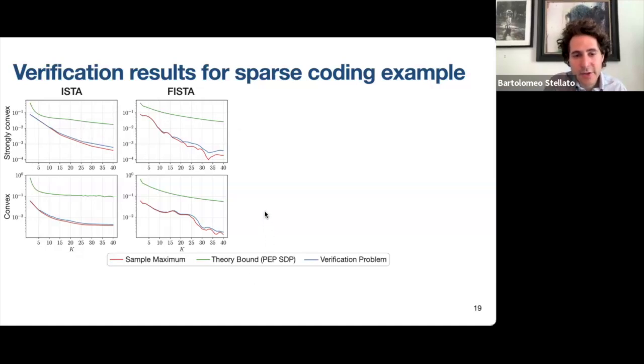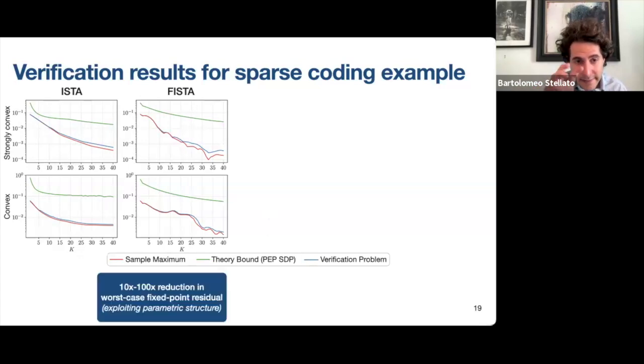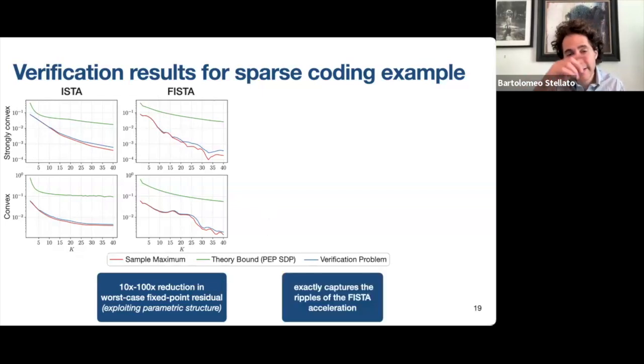The red line is what you get if you sample many instances and take the worst case. And the blue line is the solution of our verification problem, which is much tighter compared to the actual sample maximum. It captures much more of the actual behavior you obtain per iteration. It also exactly captures the ripples that you obtain in momentum-based algorithms like FISTA, which is very interesting to see because the other techniques to estimate the behavior of these methods cannot capture that.